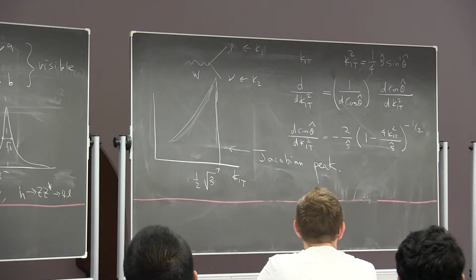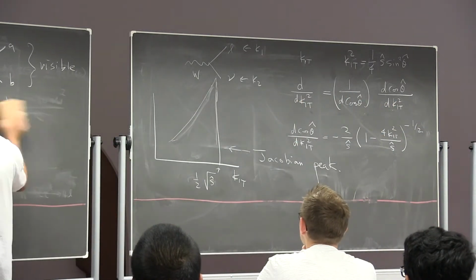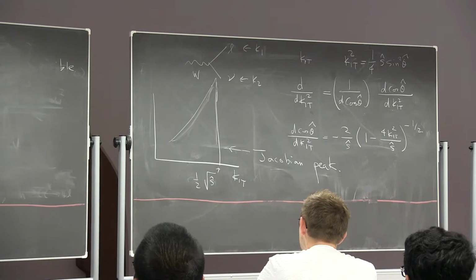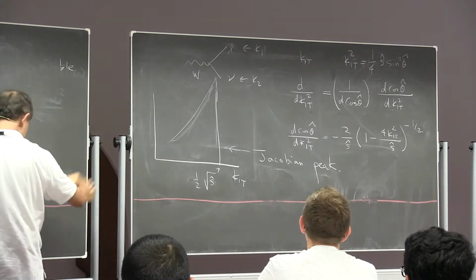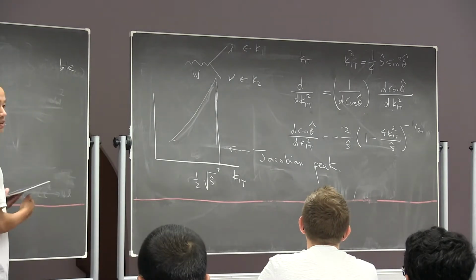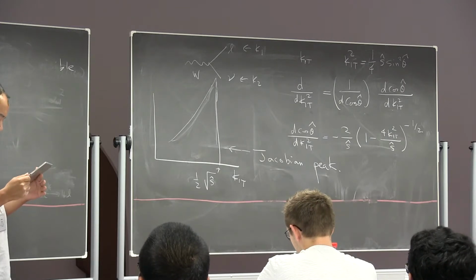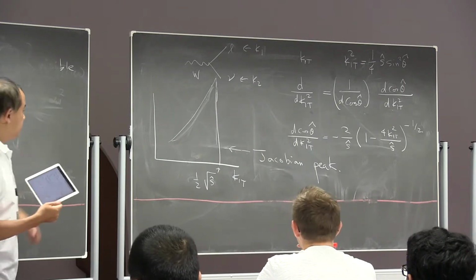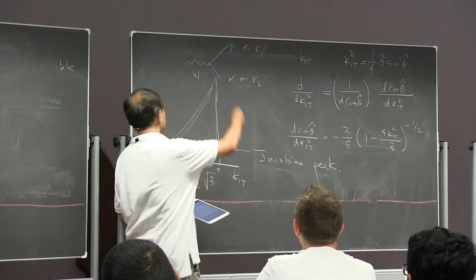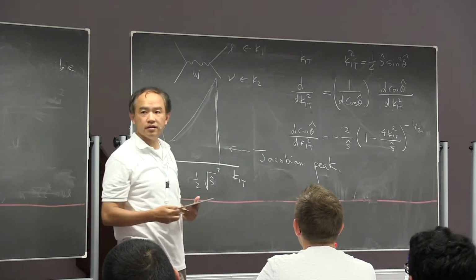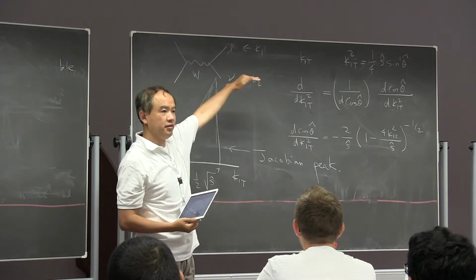Let me say a few more words about that. In reality, what you do is actually not the PT. In this picture I'm essentially assuming that there's nothing else in the event, and the W is along the Z direction.